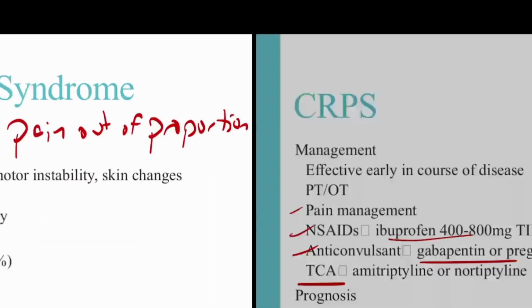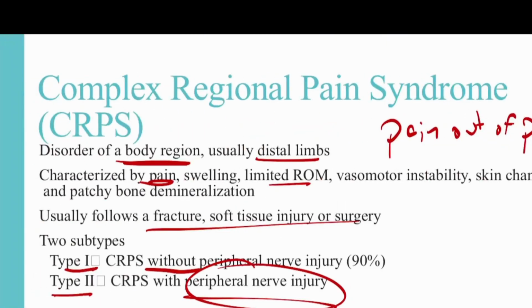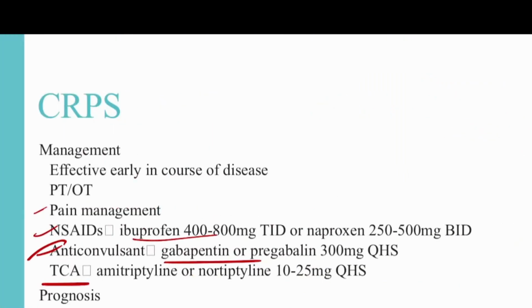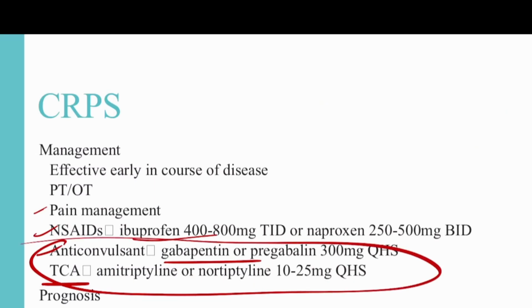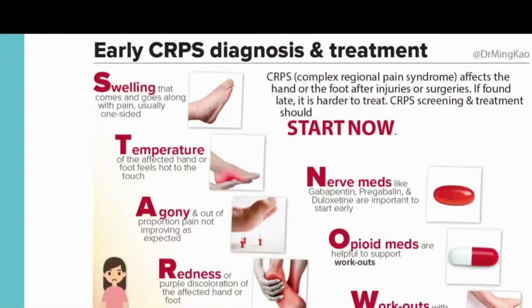So the ones that have the peripheral nerve injury will do very well because these help block neuropathic pain, and their nerves are what's causing the problem. Prognosis is uncertain, an ongoing diagnosis, about 64% of cases, usually lasting about 7 months for the CRPS pain.